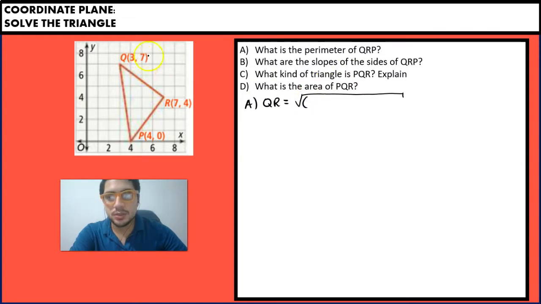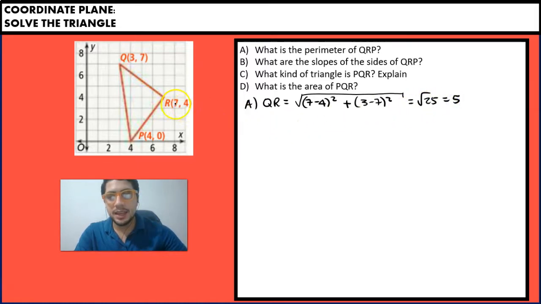So in this case, it's going to be (7 minus 4) to the power of 2 plus (3 minus 7) to the power of 2. And that is going to give us 3 to the power of 2, and then minus 4 to the power of 2, which is going to give us the square root of 25, which is 5.